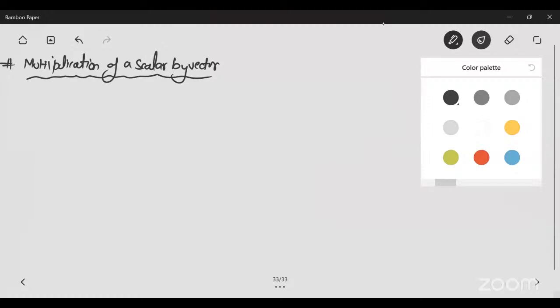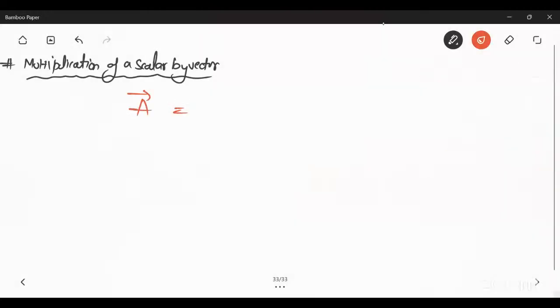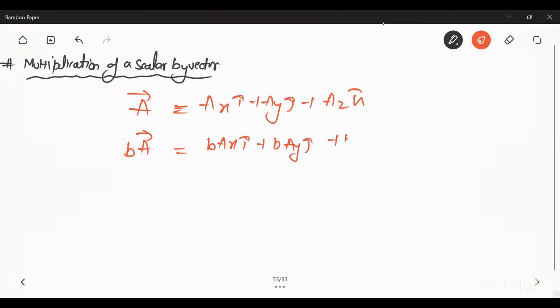Suppose A equals Ax i cap plus Ay j cap plus Az k cap, which is any vector. Now if I multiply a scalar B by the vector A, what is the value of B times A? It is B times Ax i cap plus B times Ay j cap plus B times Az k cap.